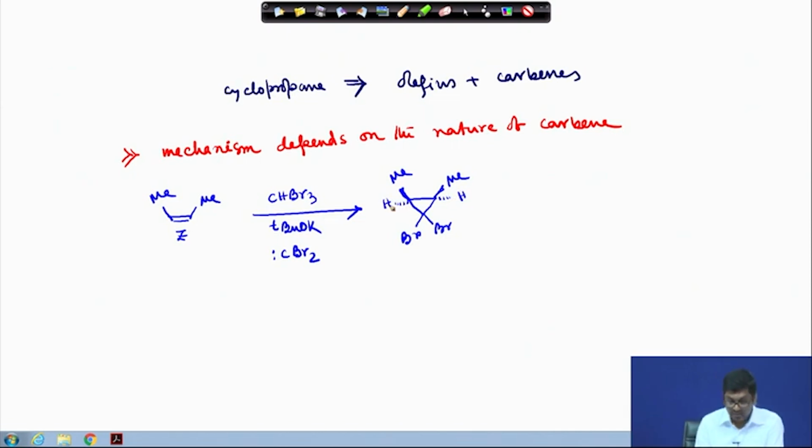Okay. So, here we know that this is a singlet carbene.